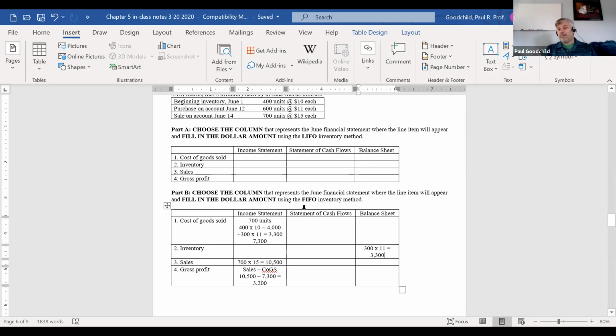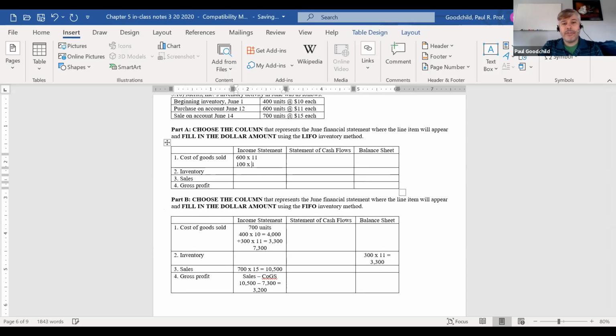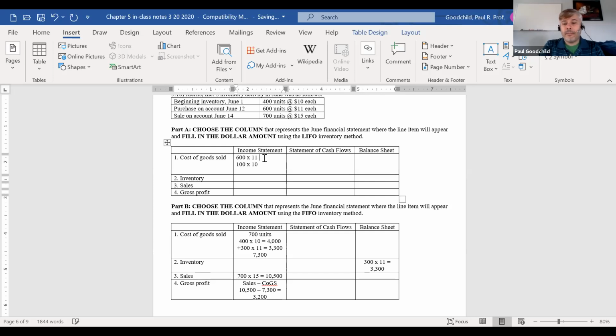Now we would expect LIFO to give less net income, or in this case gross profit, because we would expect the cost of goods sold to be higher. If we make that calculation here, we have 600 times 11 and then 100 times 10. So 6,600 and 1,000, and our total is 7,600.